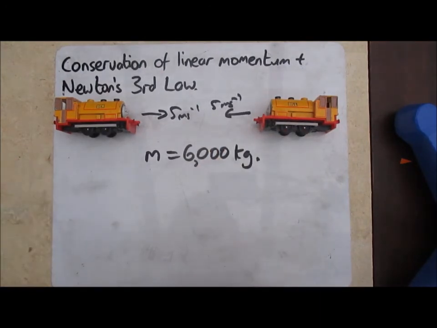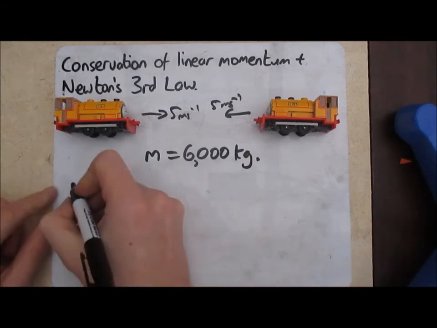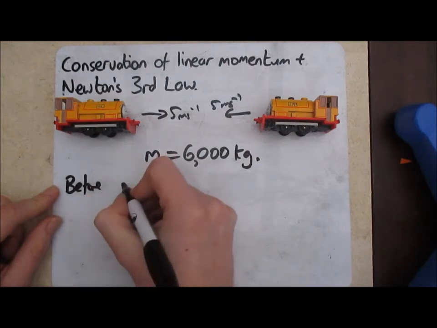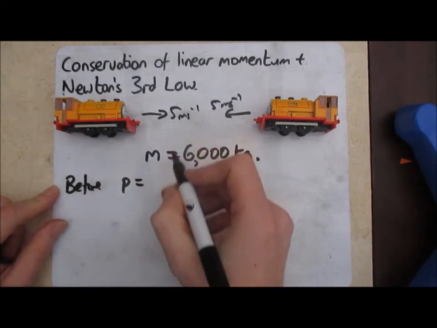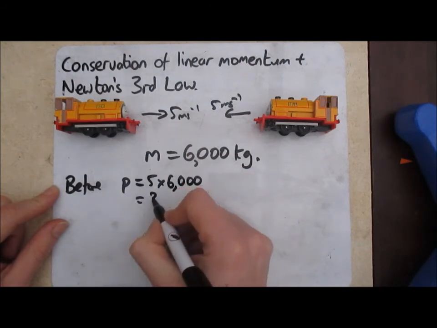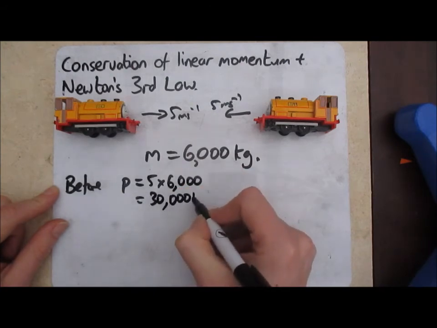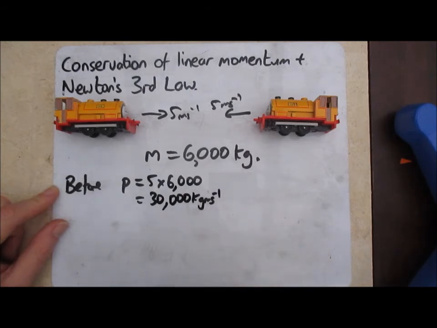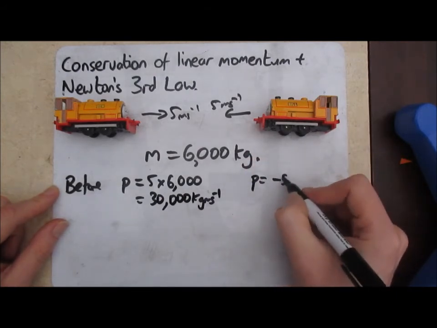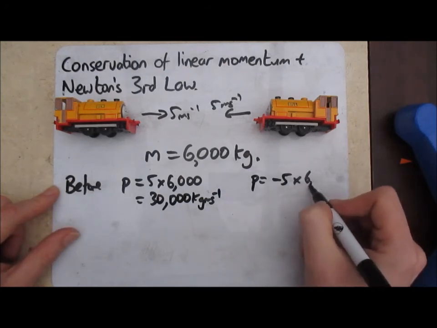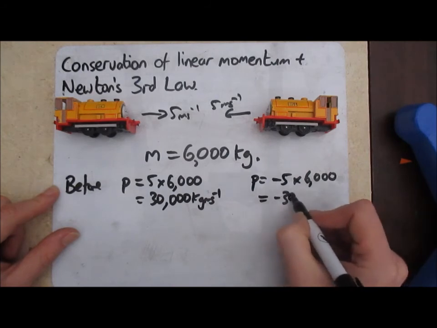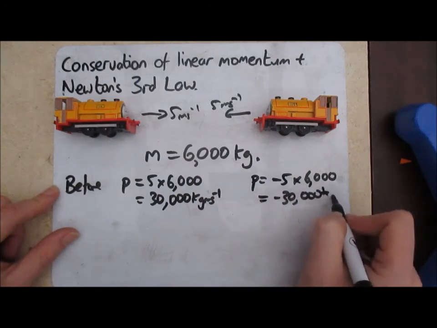So we've got an initial momentum for Ben of 5 times 6,000, which is 30,000 kilogram meters per second. But for Bill, we've got minus 5 as he's moving in the opposite direction, times the 6,000, which is equal to minus 30,000 kilogram meters per second.